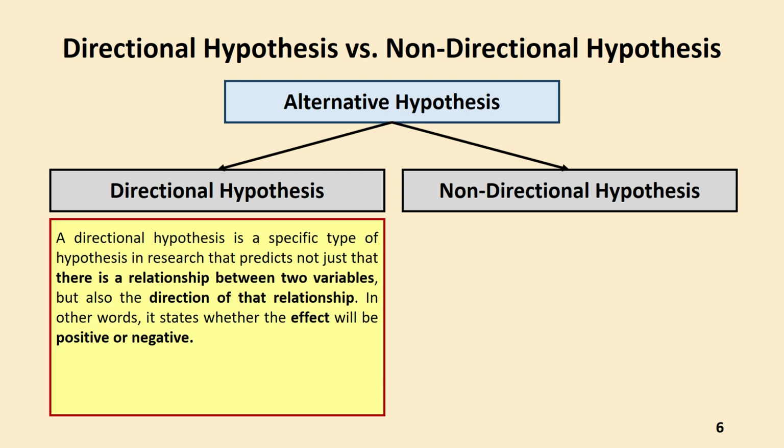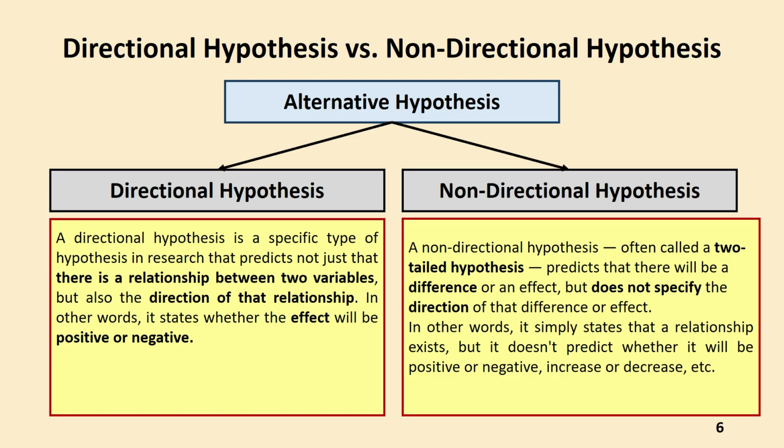A directional hypothesis is a specific type of hypothesis in research that predicts not just that there is a relationship between two variables, but also the direction of that relationship. In other words, it states whether the effect will be positive or negative.